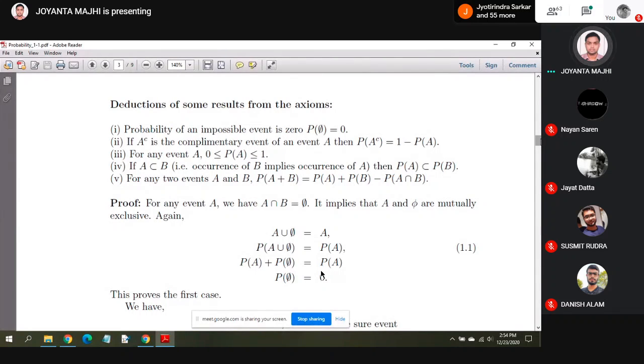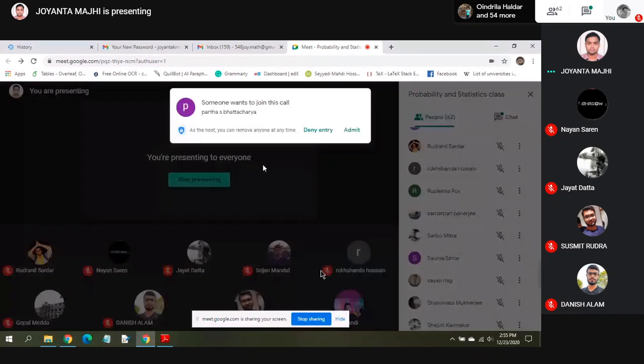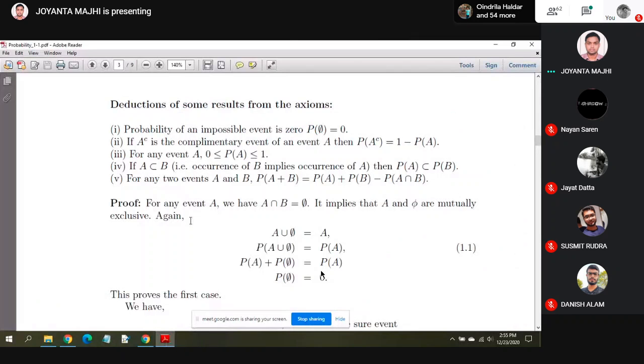The second is the probability of the complement of an event, that is P of A complement is equal to 1 minus P of A. The probability of an event always lies between 0 and 1. For any two events A and B such that A is a subset of B, the probability of A is less than or equal to the probability of B.